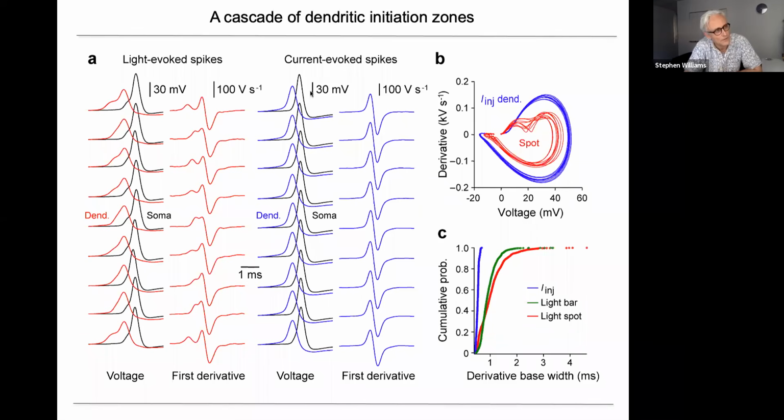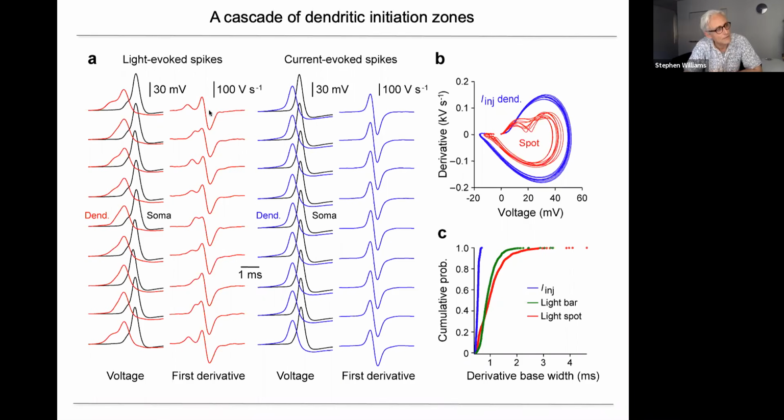This is in stark contrast to the spiking pattern evoked if we inject current directly through the dendritic recording electrode, where we find this simple monorising phase dendritic spike.